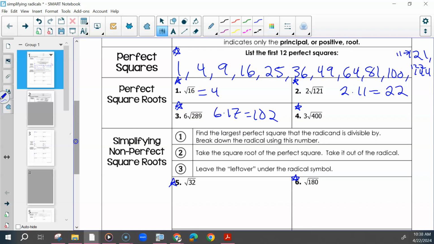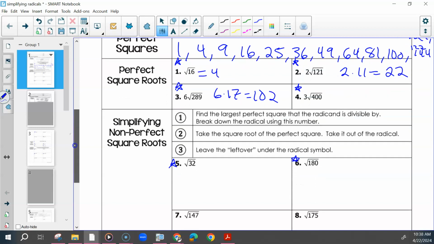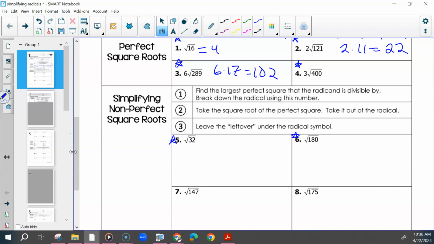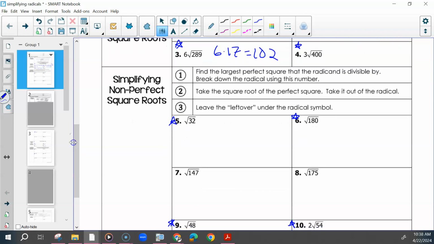But most often we will not get that, so we have to figure out how we could simplify it. So the directions here is one way. I'm going to show you both, and then you go with that. So if it's a perfect square, use that. If not, the perfect square method is to find the highest perfect square that goes into 32.